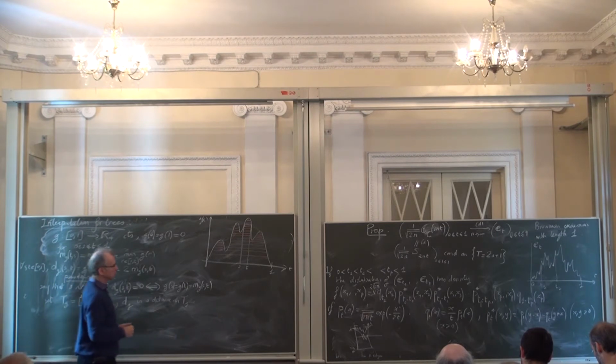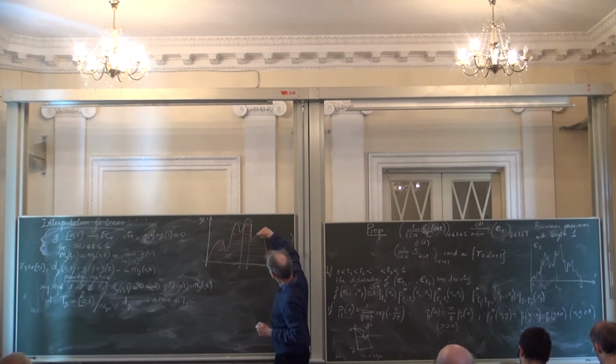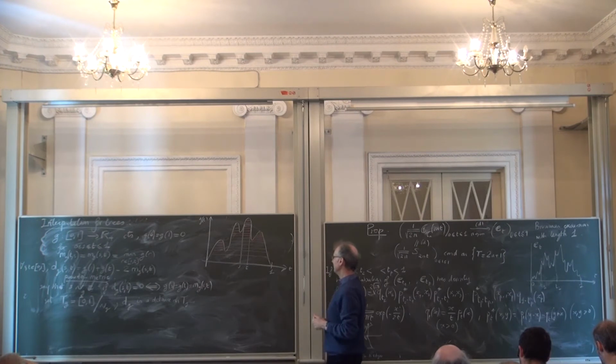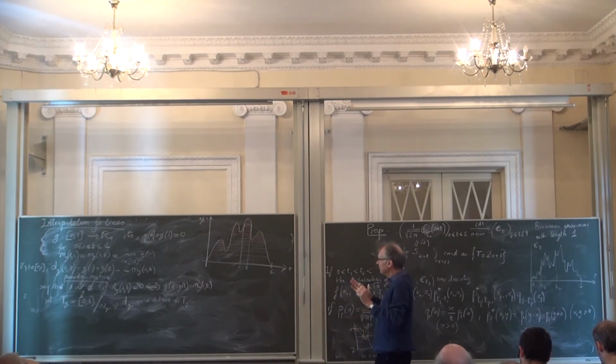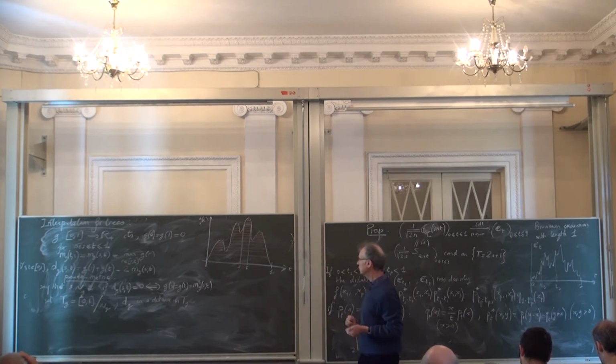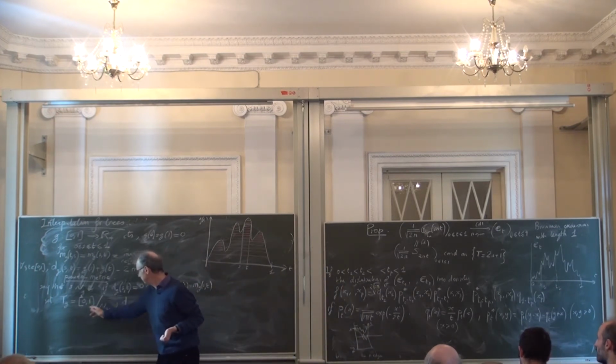Another way of saying that: imagine that you put some glue below the graph here, and you glue together points that see each other below the graph of the function. You imagine that you squeeze the graph onto itself, and points which are at the same level below the graph will be glued together. Okay? So in the end, if you do this gluing operation, this is the same as taking this quotient here.